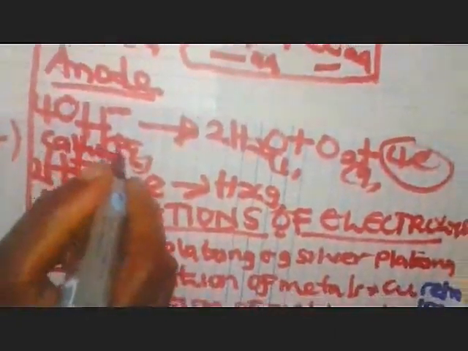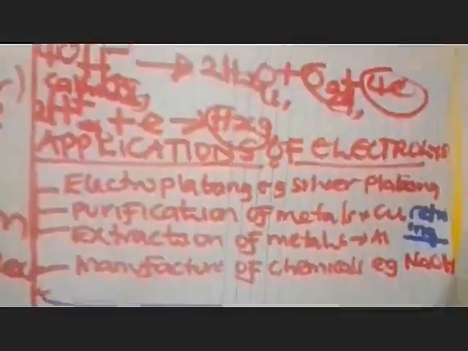That is the cathode, this is the anode. At the anode, you are losing electrons with production of oxygen gas. That is the observation at the anode. The observation at the cathode is hydrogen gas, a colorless gas. But this one, the glowing splint, produces a pop sound when a burning splint is lowered in a gas jar having the hydrogen gas.